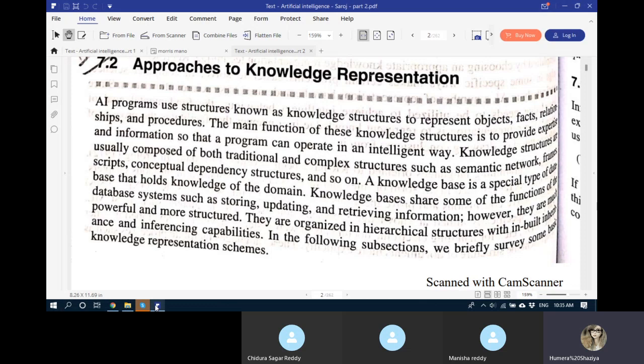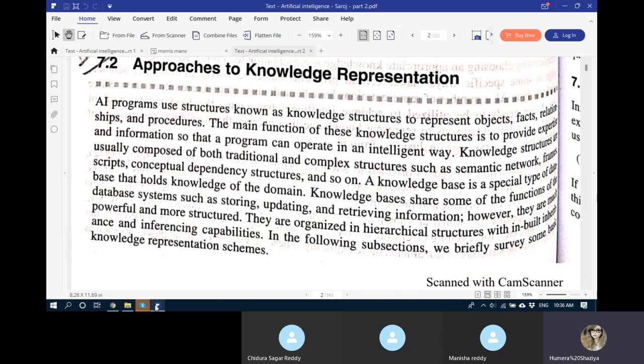Okay, the next important point is a knowledge base. What is a knowledge base? A knowledge base is a special type of database. Do you remember the DBMS you studied? You create tables of student, employee, item, supplies, voters, and children.